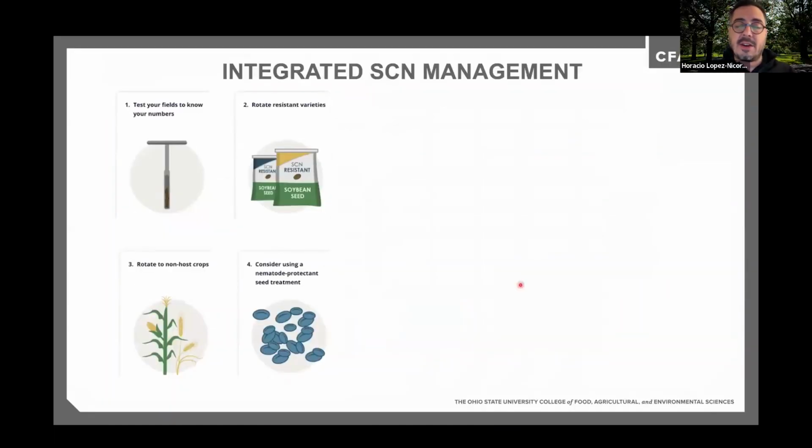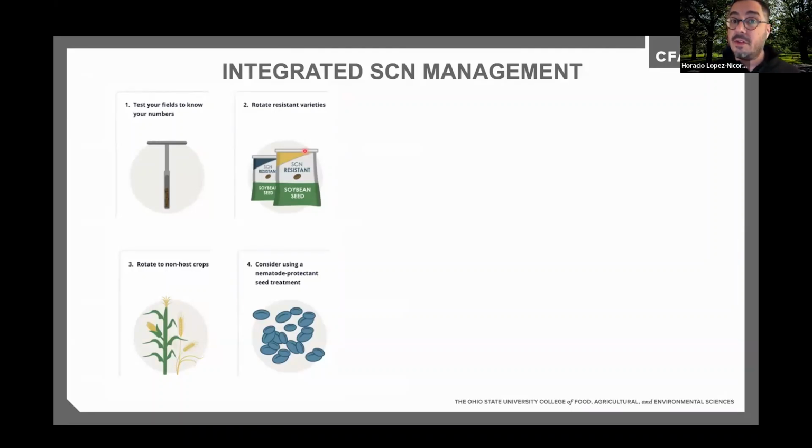Okay, management for SCN, integrated management. Once you have it, you cannot get rid of it. Know if you have it, sample your field again to monitor those numbers, that they're going down or staying low. Rotate sources of resistance. Don't feed the same genetic material to this animal.